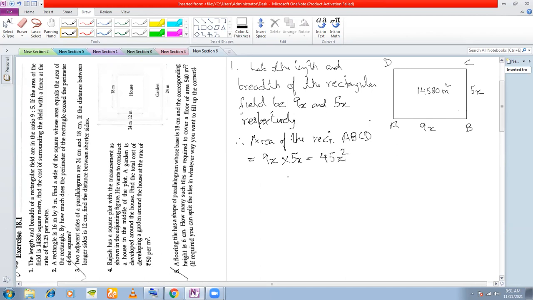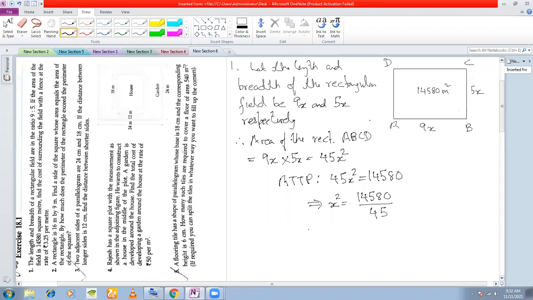Now, what is the area given here? 14,580. That means 45x square must be equal to 14,580. That means x square must be equal to 14,580 divided by 45, right?